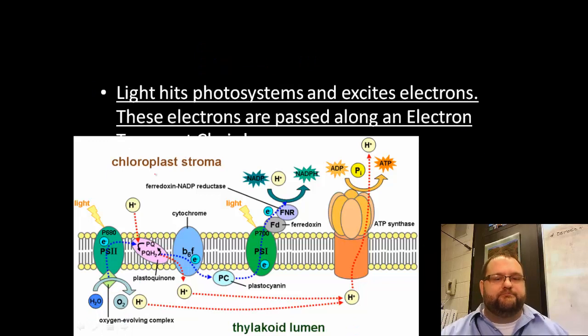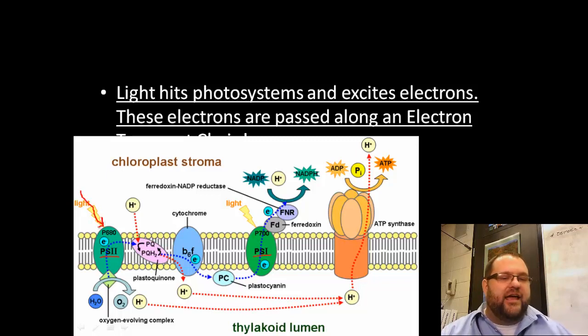Okay. The second thing that happens, I want you to notice these. These are proteins on the membrane, and these are called photosystems. This one right here is photosystem 2, and this right here is photosystem 1. These are responsible for gathering light. It's on these proteins that we contain the pigments. So light hits this photosystem.